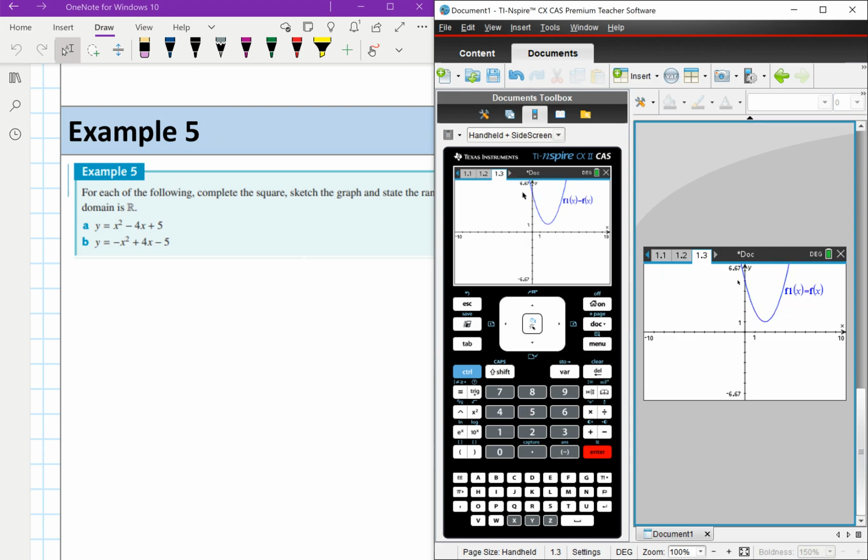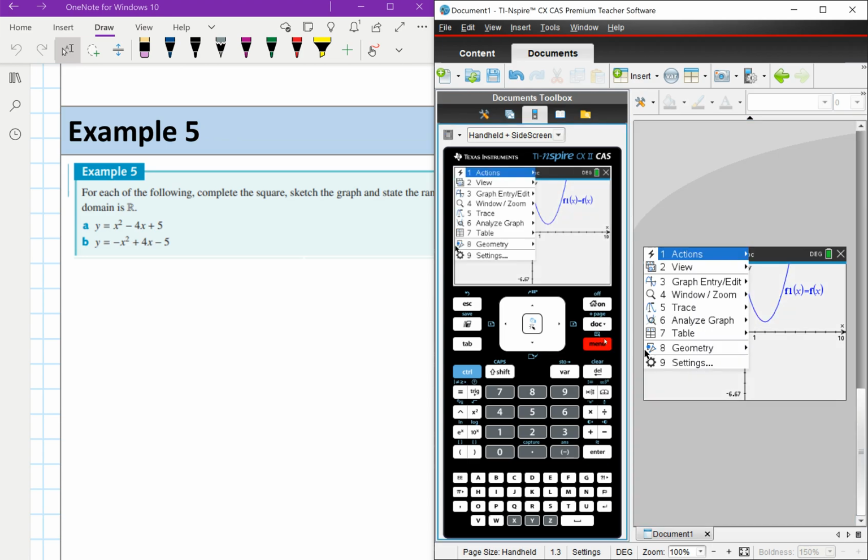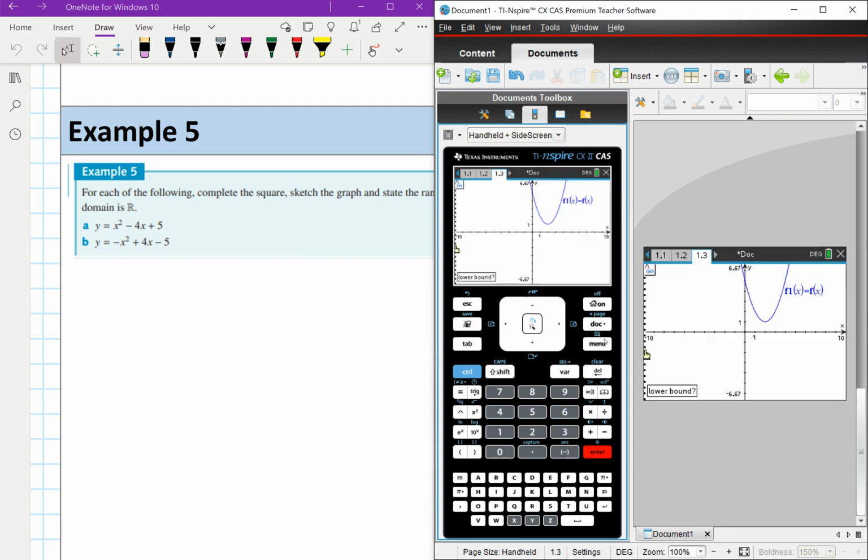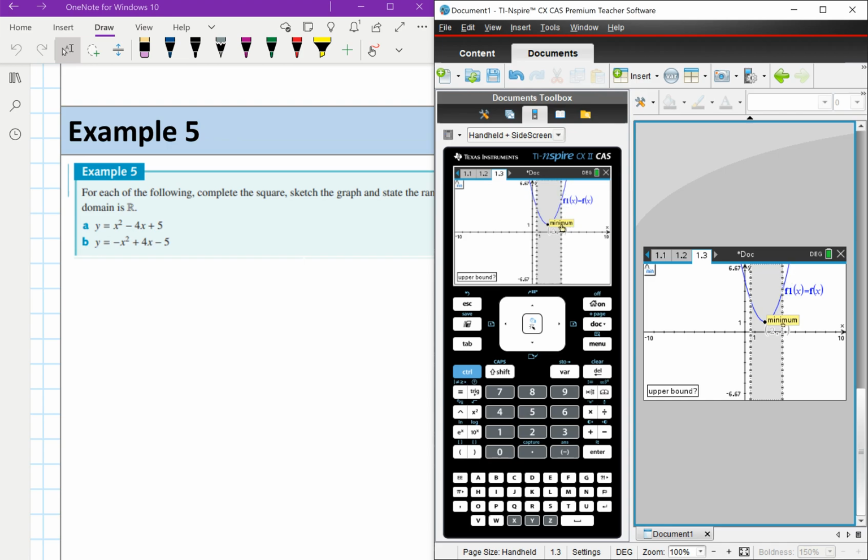Now you do want to find the key points. You want to find the turning point here, so we'll go to menu, 6, minimum, click to the left of where the turning point is, click again to the right of the turning point, and it tells you it's (2, 1). Then we need to find the y-intercept, which is when x equals 0.